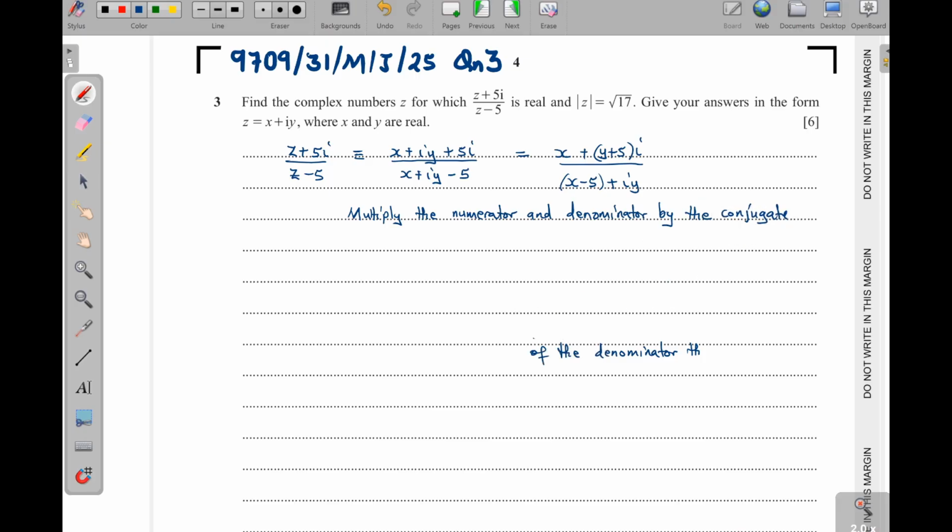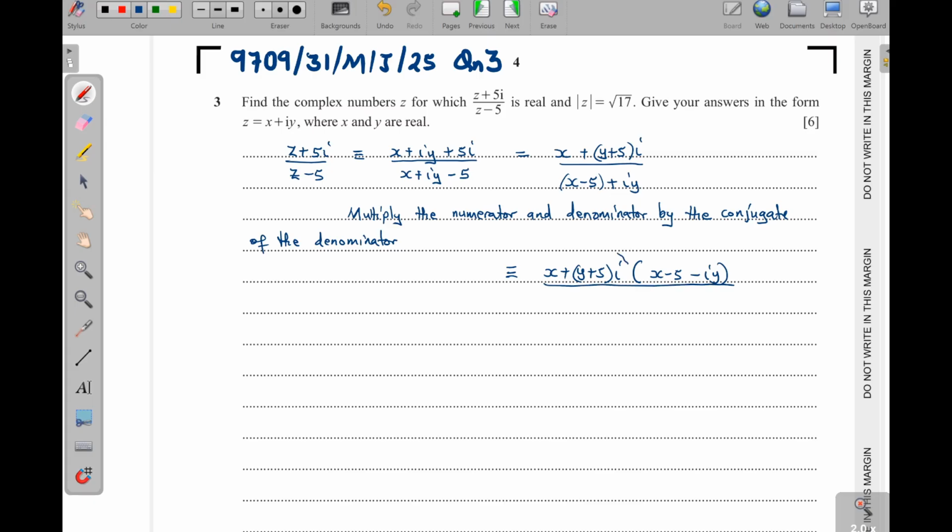As simple as that. That is what we call rationalizing the denominator. So this simply implies that we shall have x plus y plus 5i, then we multiply by x minus 5, then minus iy.